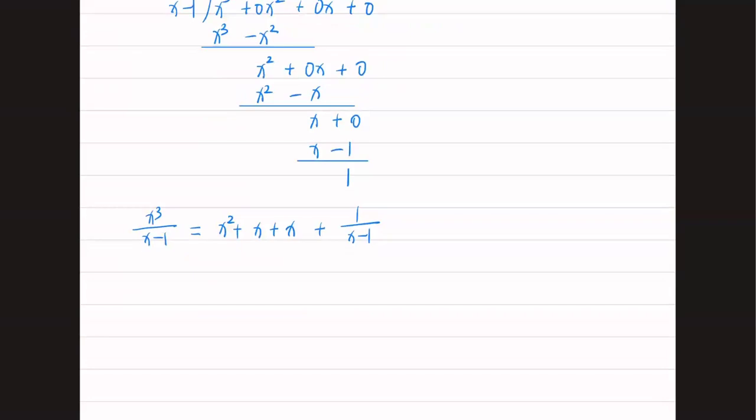More generally, if you have a rational function that may be improper, we can use long division of polynomials to find a quotient and a remainder.